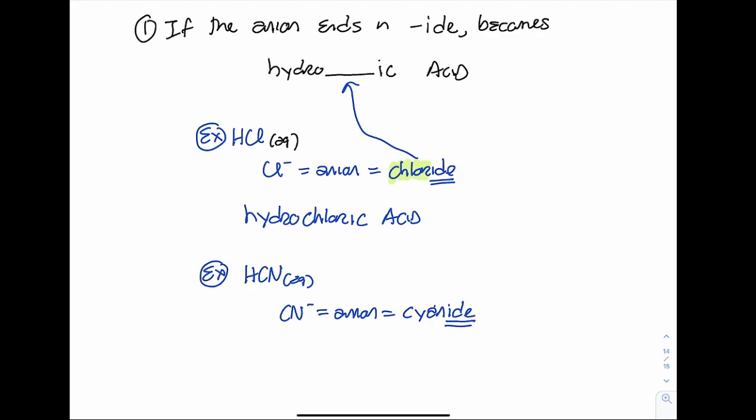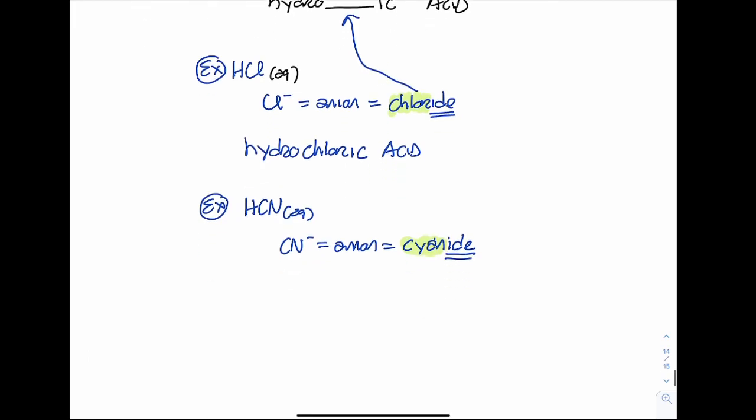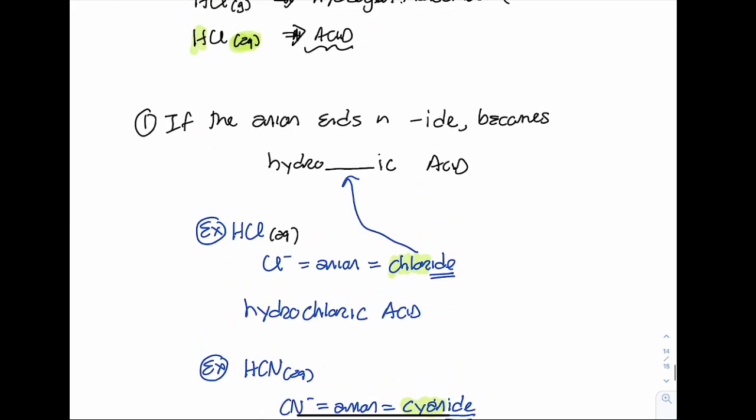So we're going to take this part and stick it back up on that line again. So the name of this as an acid, hydro, and then cyanic acid, right? I'm just taking that cyan part and sticking it there. Oops, I spelt it wrong.